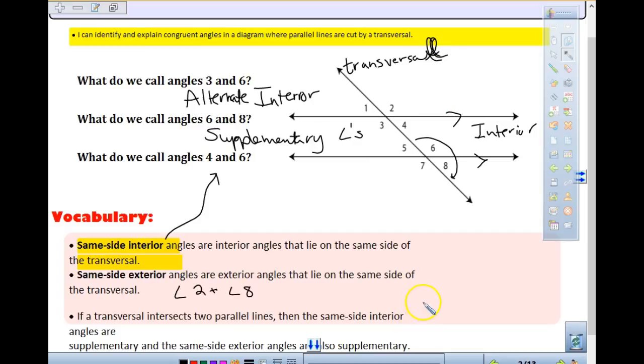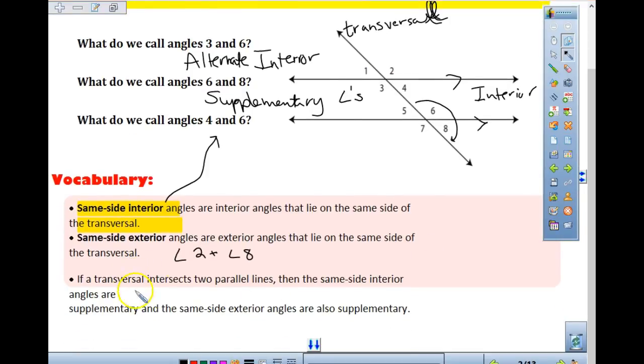You need to make sure you take a look at those if you haven't already, okay? So it says if the transversal intersects two parallel lines, same side interior angles are supplementary. So what that tells us is if I know 4 and I know 6, the measure of angle 4 plus the measure of angle 6 will equal 180 degrees.